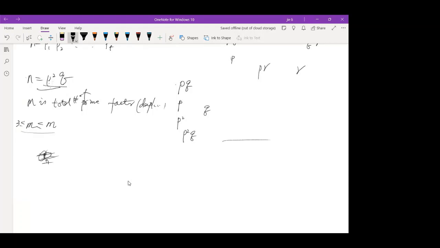So the number of factors, let's say this S. S is the number of factors. When this one is all correct, now I want to show that X equals M plus 1. We can also do that. So how do we do that?